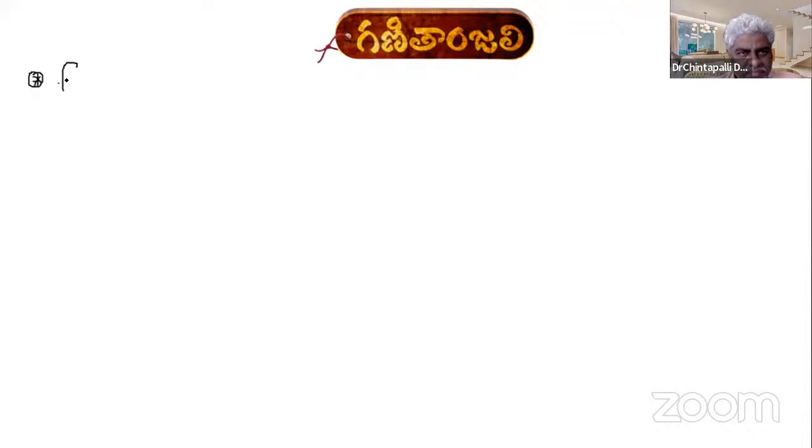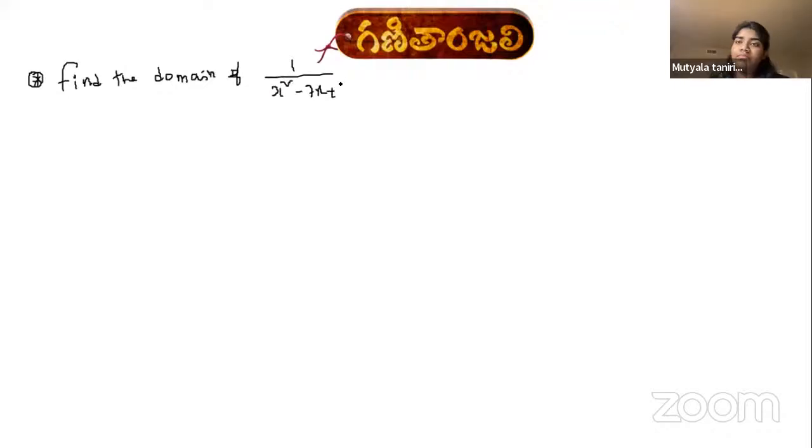Find the domain of... So the domain is all real numbers minus, R minus {-6, 1}, sir, with flower brackets.